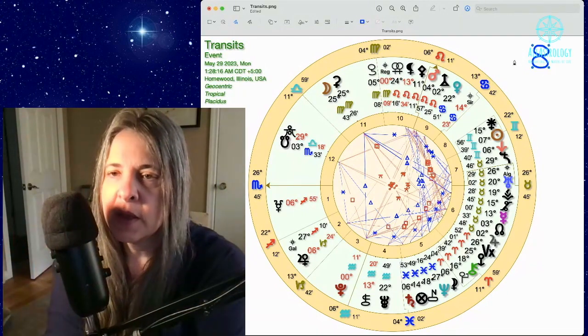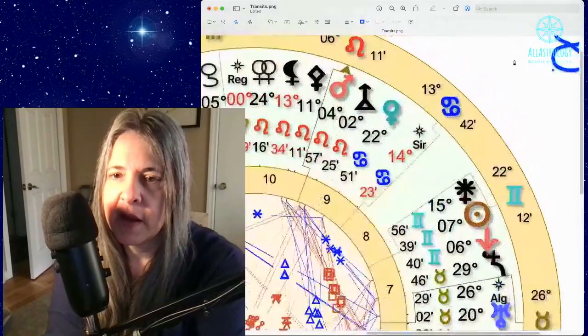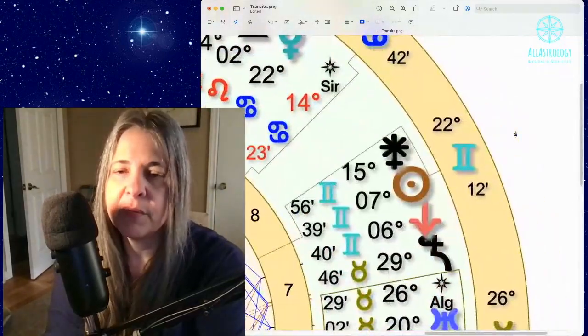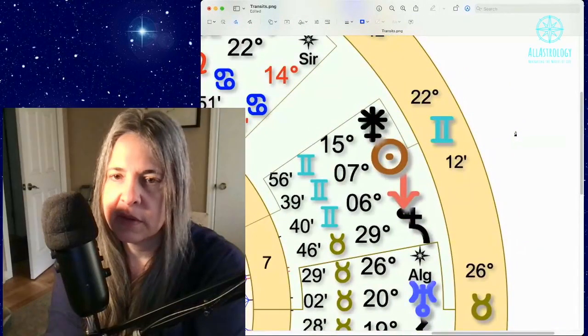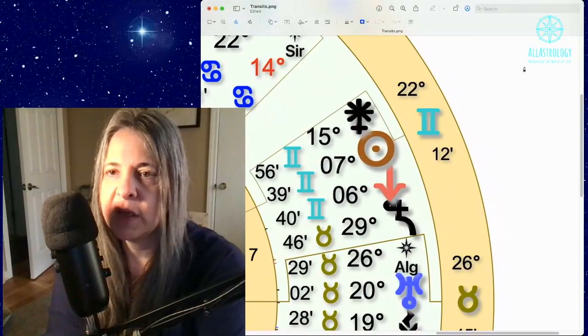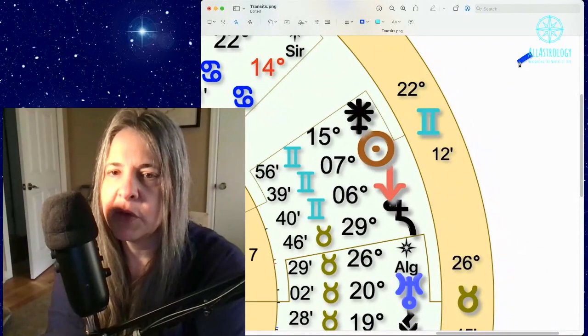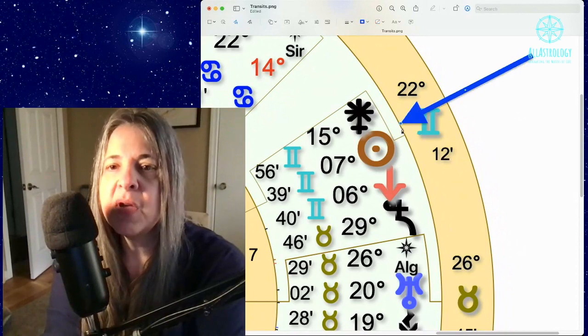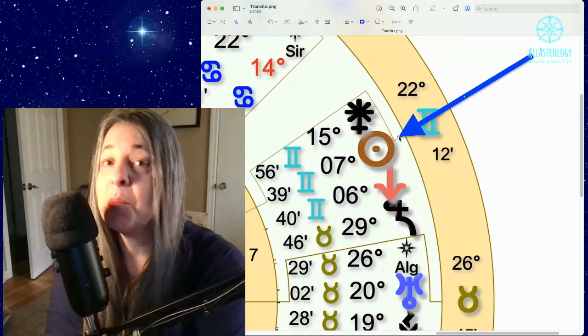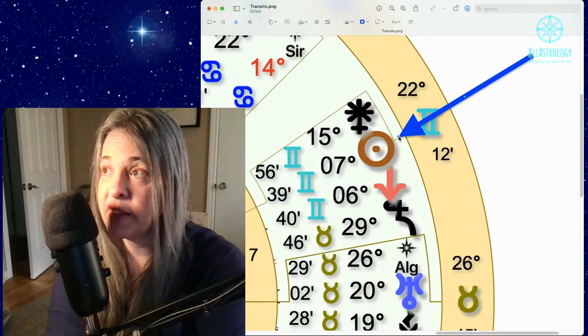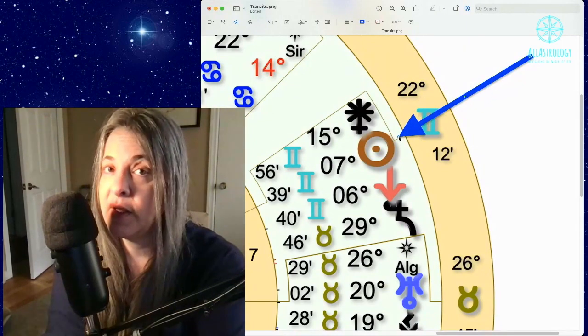All right. So we're going to start off, and we're just going to go around the chart. I don't want to have to be all over the place. So we're just going to go around the chart, and that is the sun. So the beauty of astrology and the symbology is that it is universal.